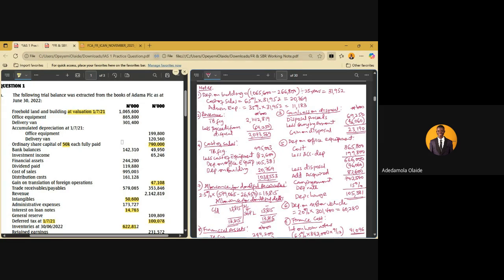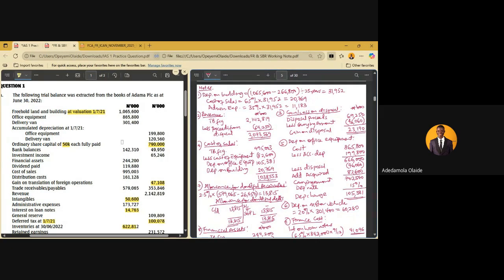So any transaction you are seeing in the trial balance, the double entry has already been passed. All you need to do is just show it in either the statement of profit or loss or statement of financial position, but you will only be using that information once.